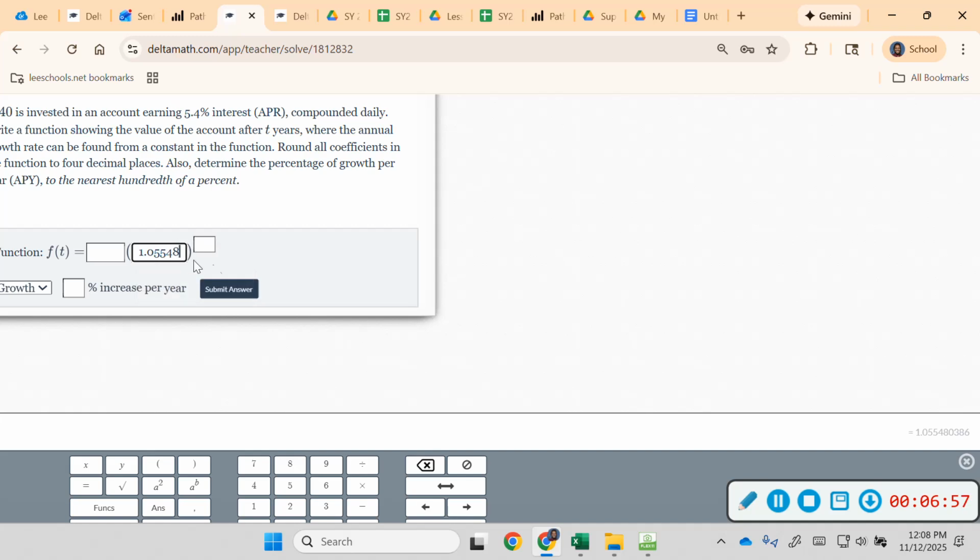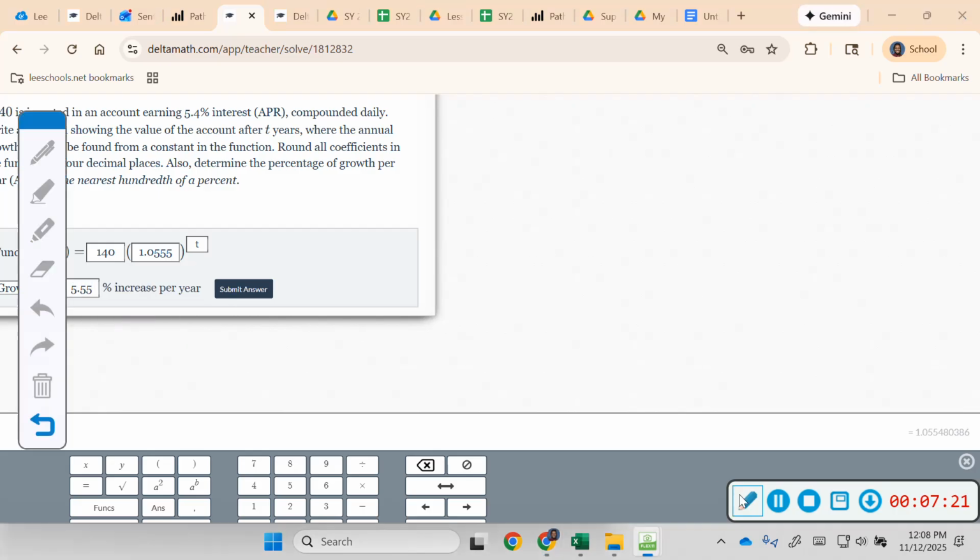Okay, and I got 1.05548. So you write about 5 numbers after the point. Because the fifth number is bigger than 5, the fifth number goes away and this goes up by 1. Okay, so then 140 goes back here, and then t goes here. Now I need to figure out if it's going to be growth. It's growth whenever the number in the parentheses is bigger than 1, and it is bigger than 1, by 5.55.